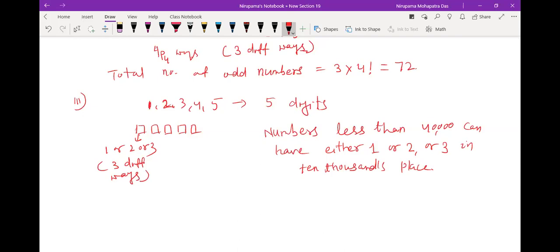So when you have 3 different ways, remaining digits 4, remaining places 4. So this will be done in 4P4, right? Means factorial 4 ways.